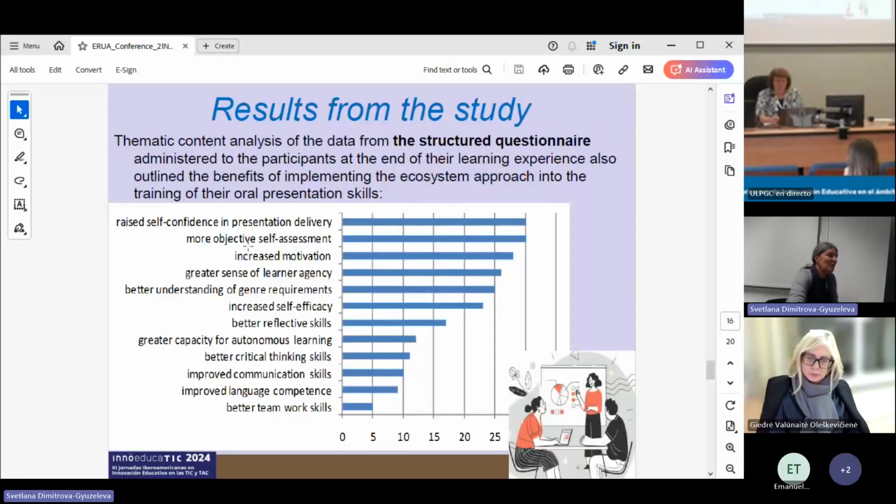The questionnaire, you mean when I surveyed the students? It was in the format of a questionnaire, which I based on the expected outcomes of applying the ecological approach in learning.